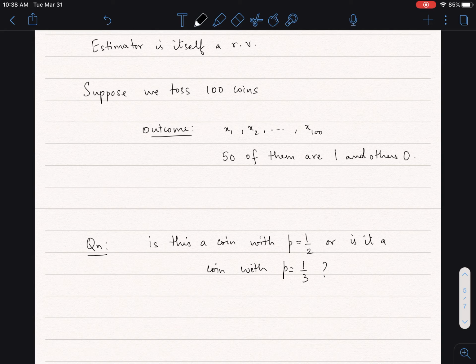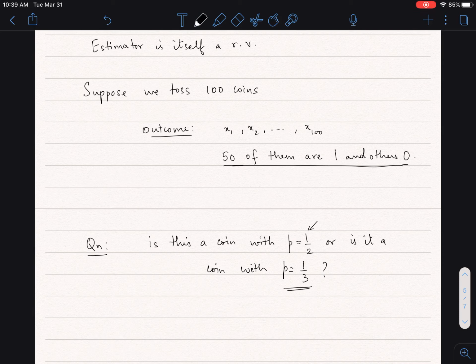I guess many of you will answer that this is probably a coin with p equals half. Note that we can never be sure about this, right? Because even if it's a coin with probability 1/3, there is some chance that exactly 50 of them are 1 and 50 of the others are 0, because there's always some chance that we somehow observed more heads than we were supposed to.